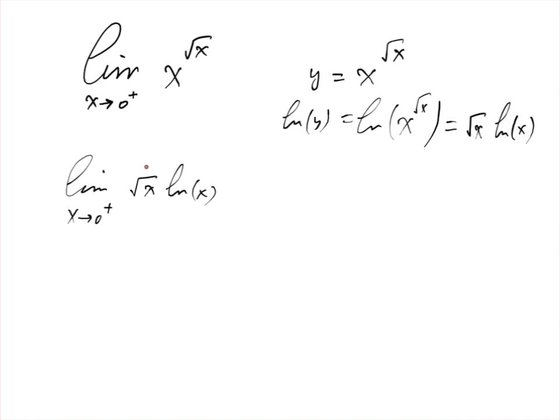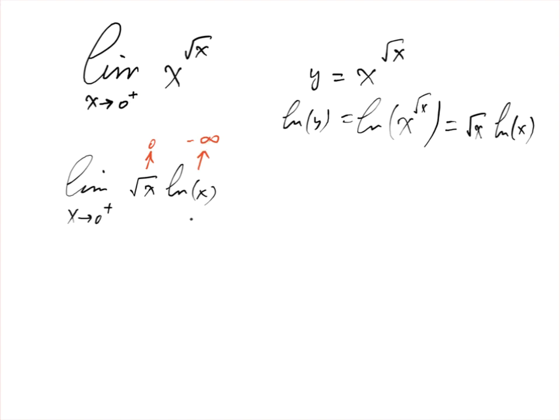And this one is 0 times negative infinity type, because square root of x tends to 0 as x tends to 0, and ln of x tends to negative infinity.